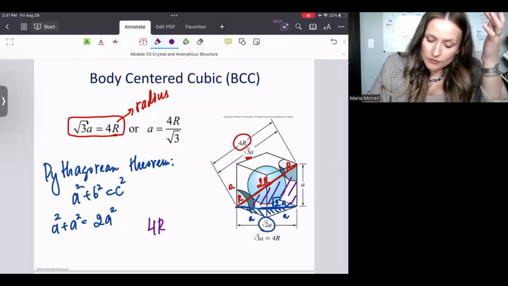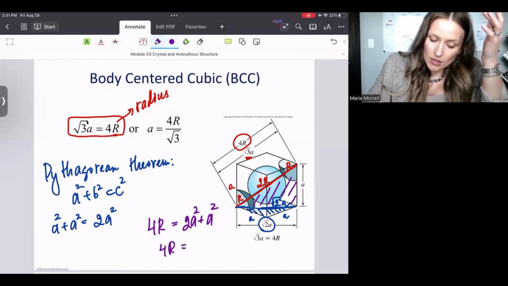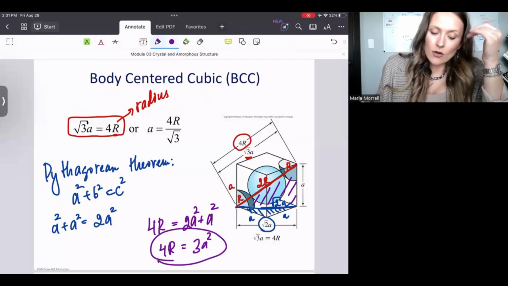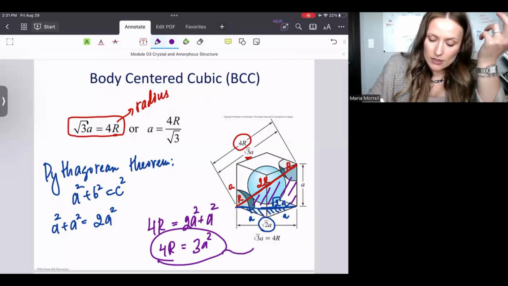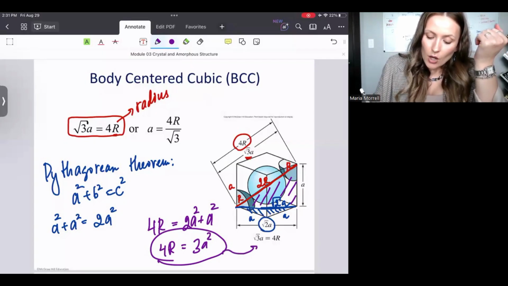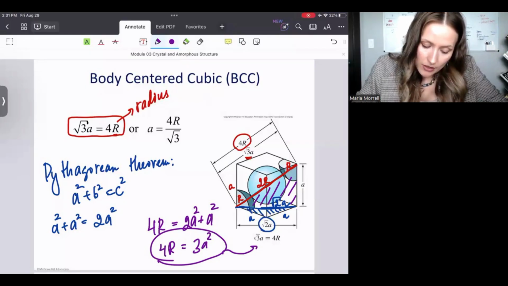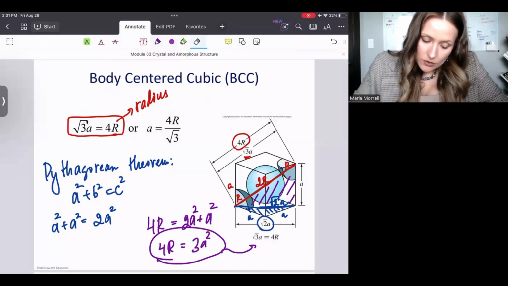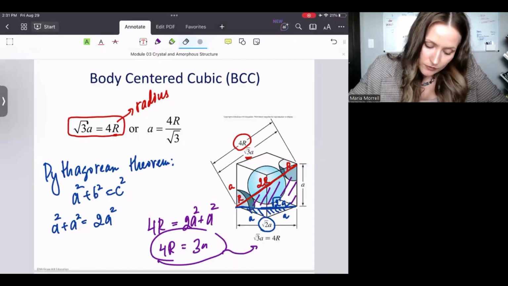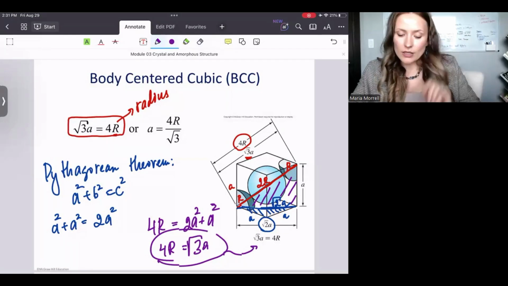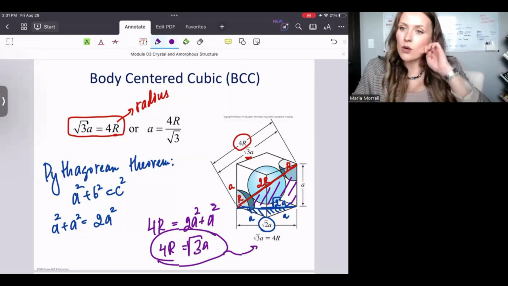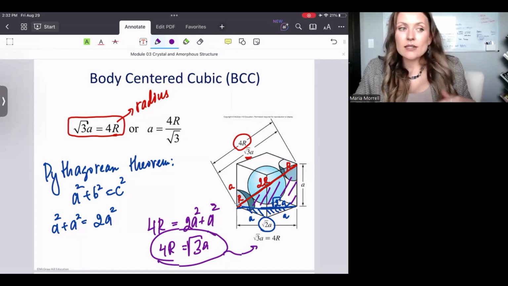And it's going to be 4 times radius is equal to what? 2a squared plus a squared. And it's the same as 3a squared. And that's how I end up with exact same, or perhaps I flip the sides, right? But from here, that's exactly the same thing, right? Oh, well, I rushed a little bit. I forgot to apply the square root, and then it's going to be like this, right? Because the 4 radius, the square root has been applied. Okay, so hopefully that makes sense, relatively easy.